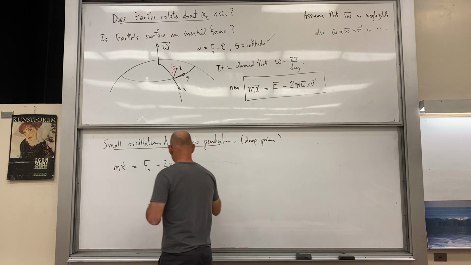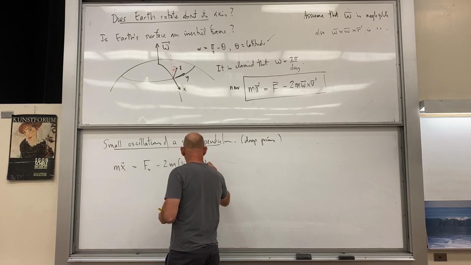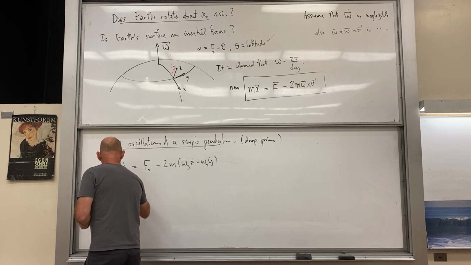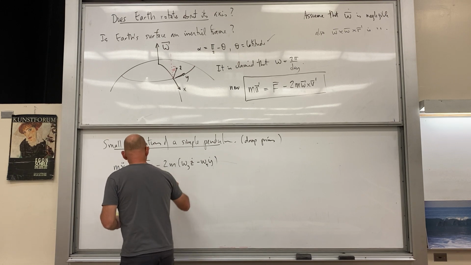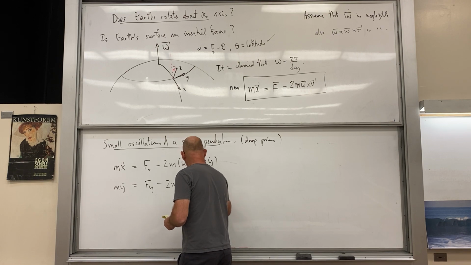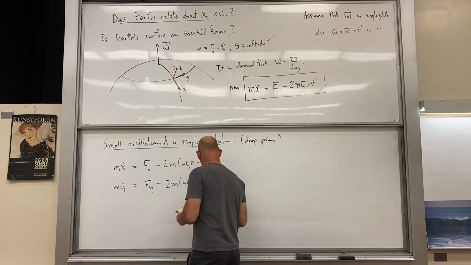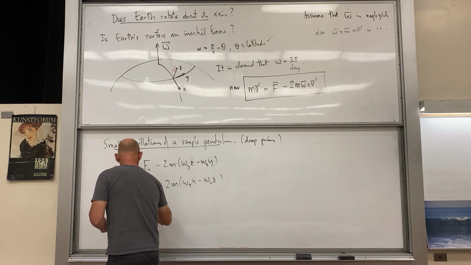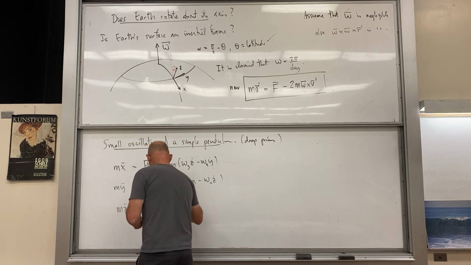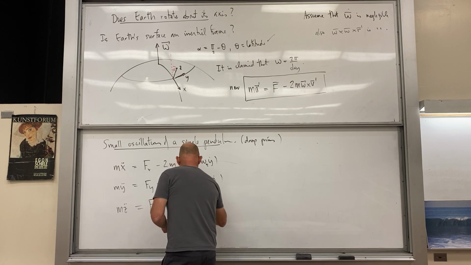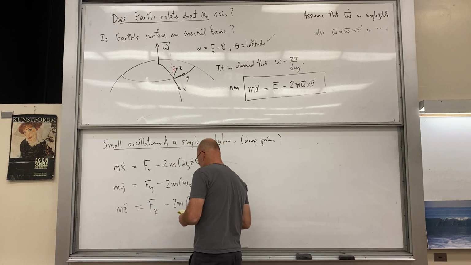So omega y z dot minus omega z y dot, and on through m y second derivative is F y minus 2m omega z x dot minus omega x z dot, and m z second derivative is F z minus 2m omega x y dot minus omega y x dot.